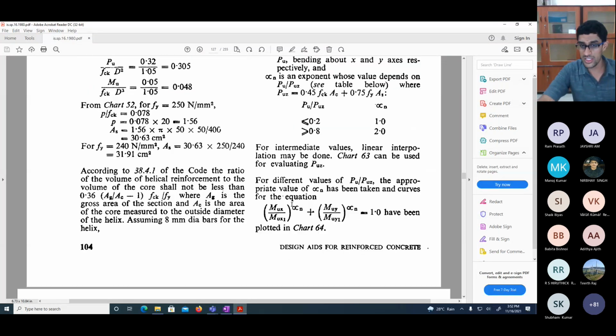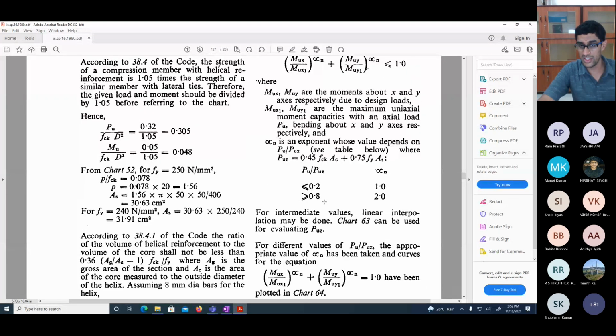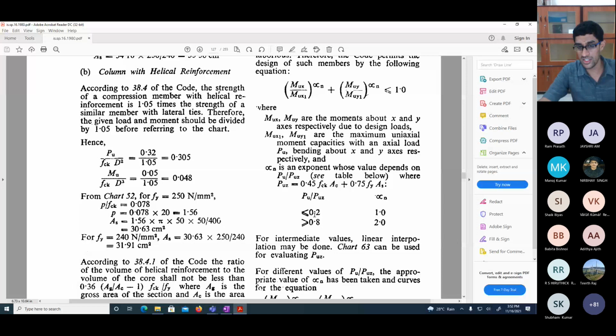So first thing that we do is, here we have a lot of assumptions to make. Previously we had assumed only the size and we didn't bother much about the reinforcement. We found the reinforcement in fact from the charts. Here we have a little bit of extra things to do.